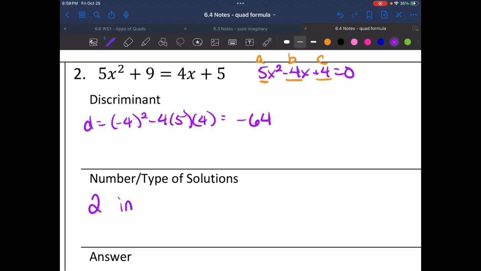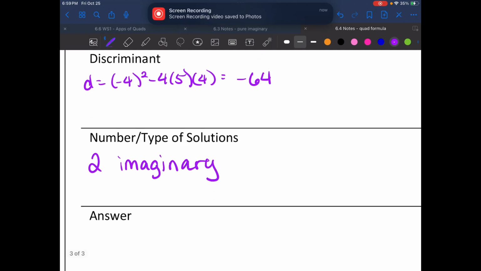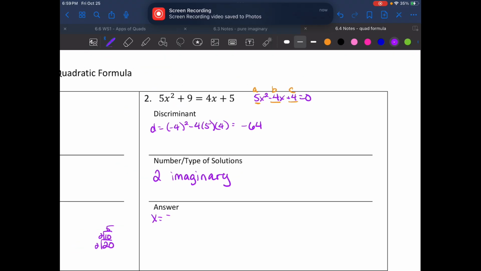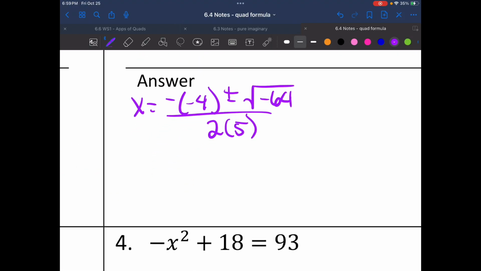So it's negative, so two imaginary solutions. Solve, x equals negative B plus or minus the square root of the discriminant over 2A.